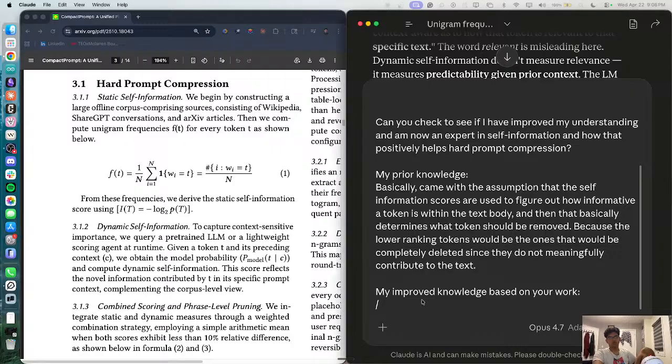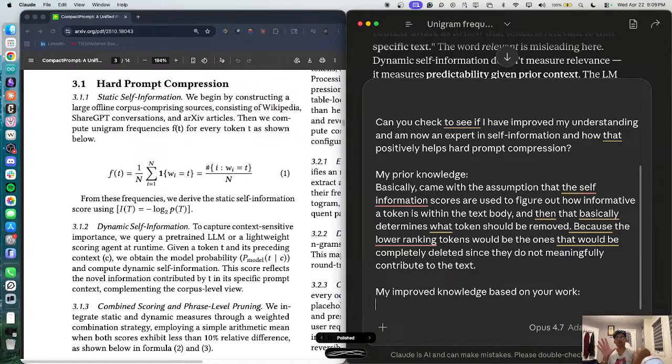Okay, cool. So what I will say to it then: okay, so my line of reasoning was right. These scores are used within the process of removing tokens. However, the self-information scores are specifically used to keep high score tokens. So they retain all the high score tokens, and then through the process of the hard prompt compression, all the other tokens are automatically removed.